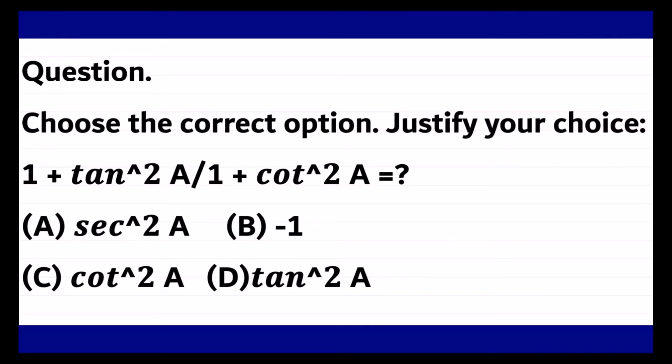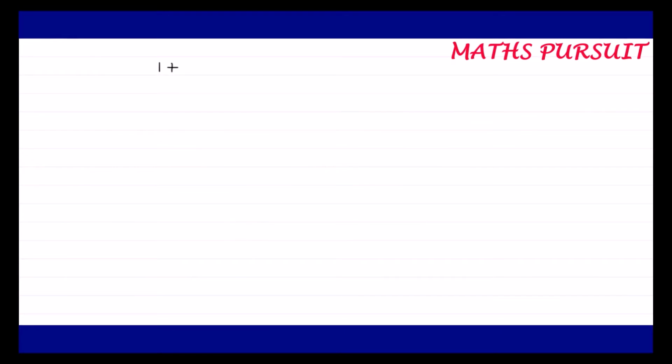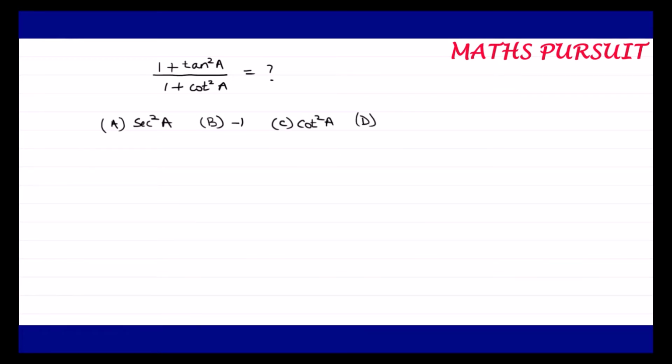It is given that 1 plus tan square a upon 1 plus cot square a is equal to what? And the given options are a, sec square a, b, minus 1, c, cot square a, and d, tan square a.